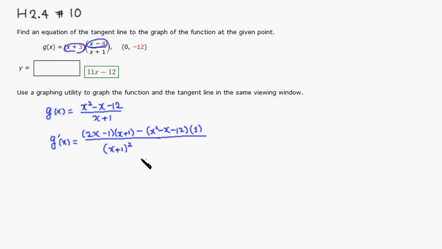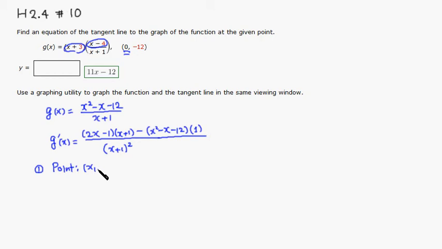You can multiply out and simplify, but in this case, we are trying to find the slope from this derivative, and I would rather just plug in x equals 0 right here. So we're trying to find a slope. The point is already given. As usual, we're trying to find two pieces of information.